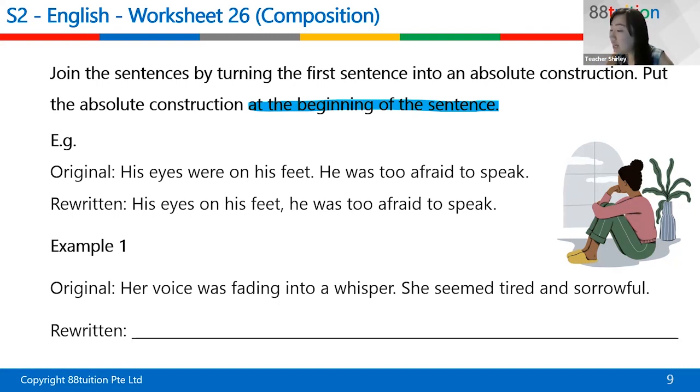So, his eyes on his feet. His eyes, noun phrase. On his feet: sometimes it can also be done without a participle. Here, on is a preposition.